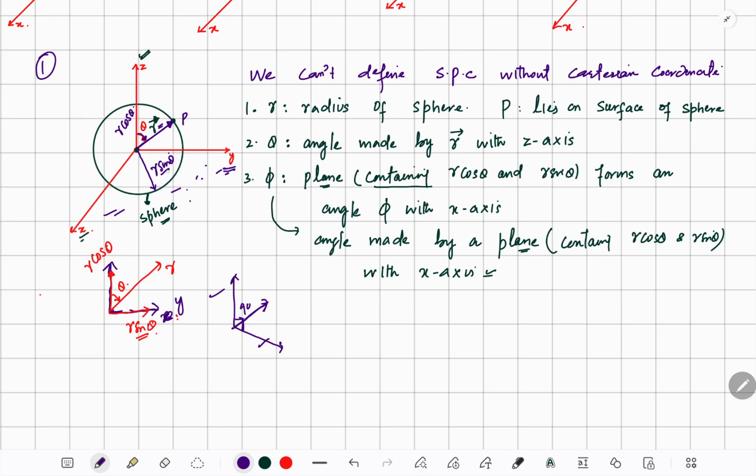So r sin theta is the projection of the same vector r on the xy plane. Now this r cos theta and this r sin theta form a plane. How do they form a plane? Now this is r cos theta, and we can take it parallel to itself because we don't have any problem in taking a vector parallel to itself. So this is r sin theta.